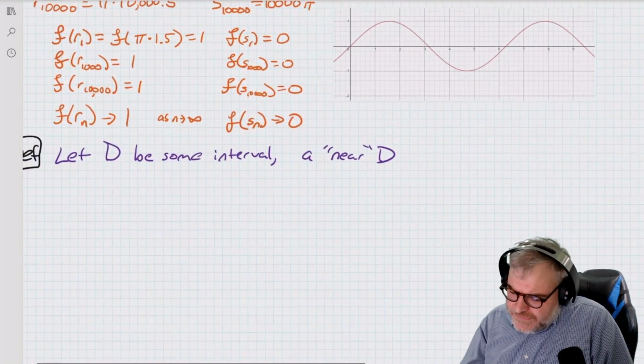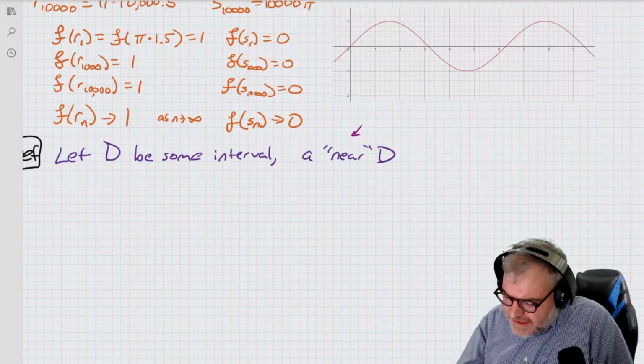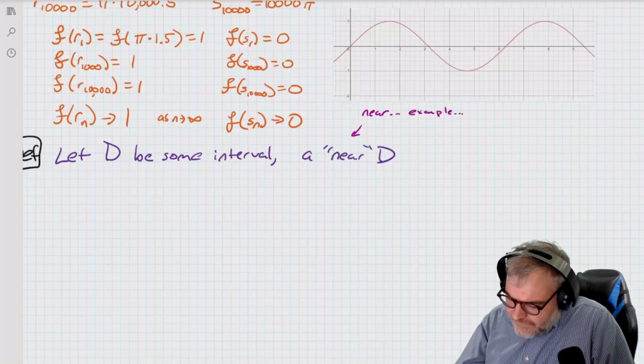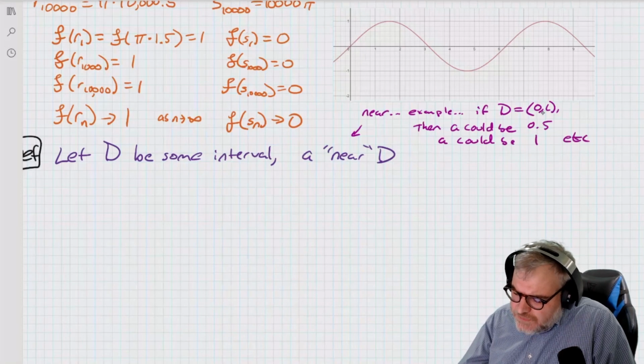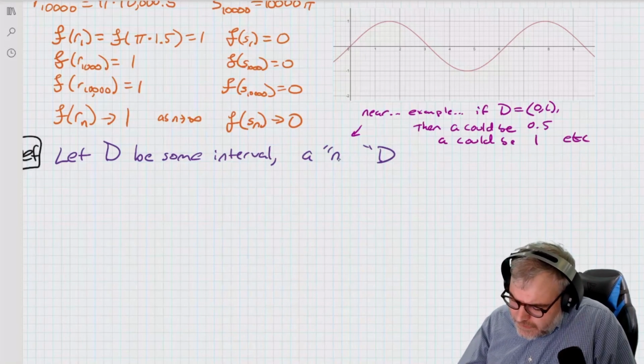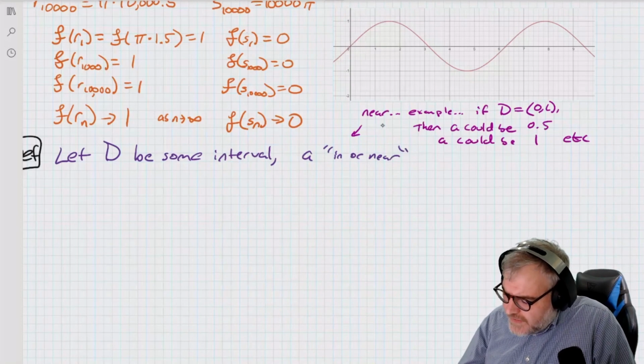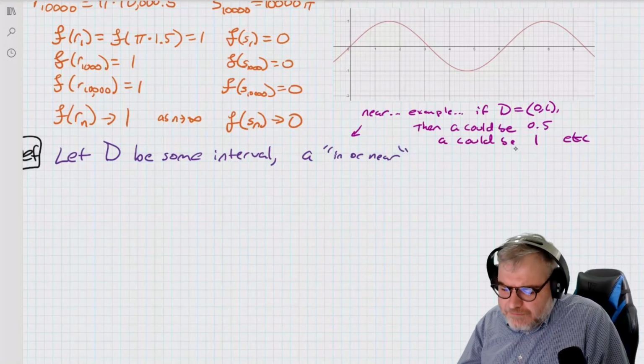But the idea of this statement, when I say near, is like, for example, if D equals (0, 1), then A could be 0.5, A could be 1, etc. If this was an open interval (0, 1), it could be the endpoint.